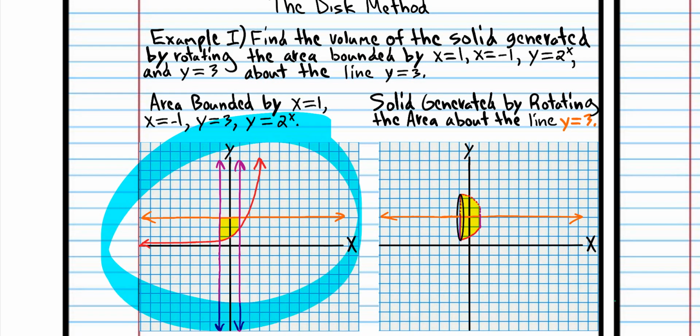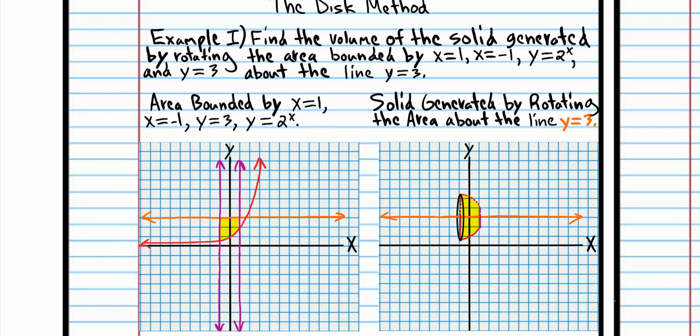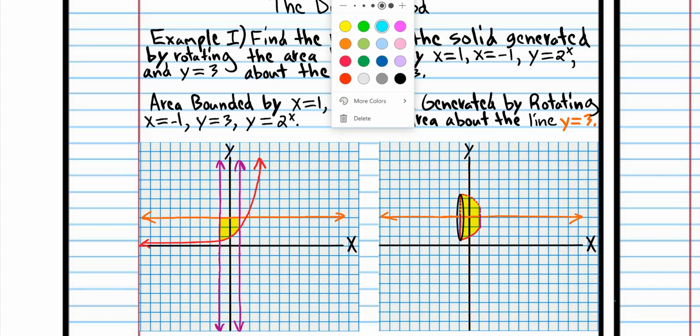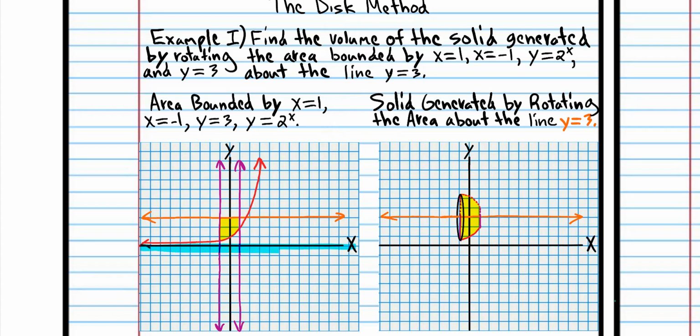And so here we have the area bounded by the graphs of those equations, and we're going to rotate about that orange line. Now again, normally what we would do is rotate about this blue x-axis, but now we're rotating about a different line.